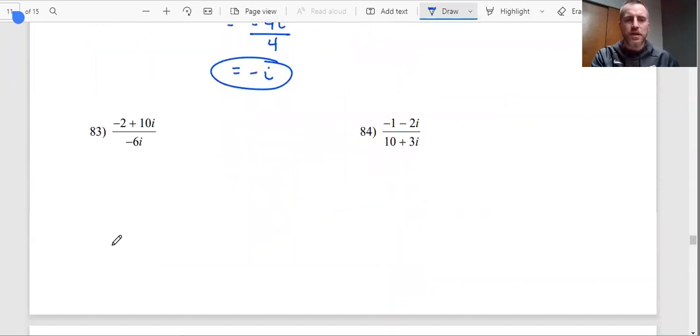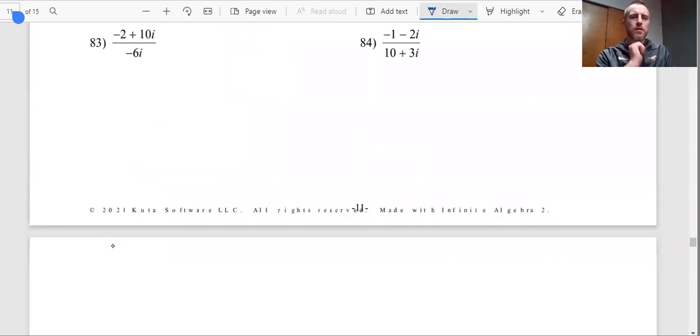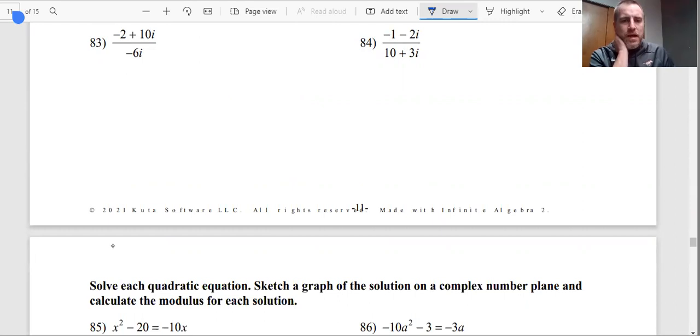83 is very similar to 81, except that we have a binomial in the top, 2 terms up there. So we're still going to multiply by i over i, which is different from what we're going to do on number 84, but we're going to multiply by i over i, and just note that the i has to be distributed to everything in that first set of parentheses.